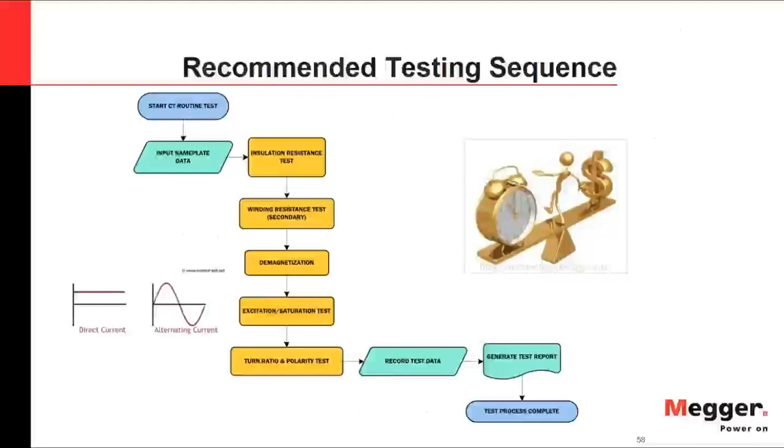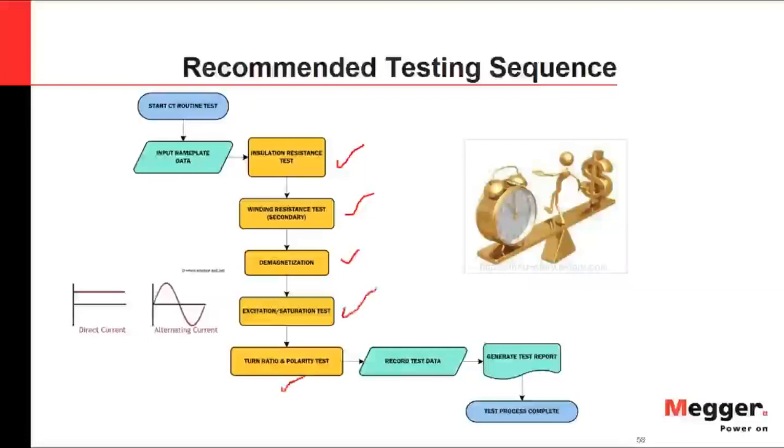When we talk about the recommended testing sequence, basically you start the routine test and now you provide the nameplate information. As soon as you have provided the nameplate information, you're ready to start the process. You start with an insulation resistance test. Then you do the winding resistance test. You demagnetize the core. After demagnetization of the core, you go with the excitation saturation test. And finally, you will do your turn ratio and polarity test.